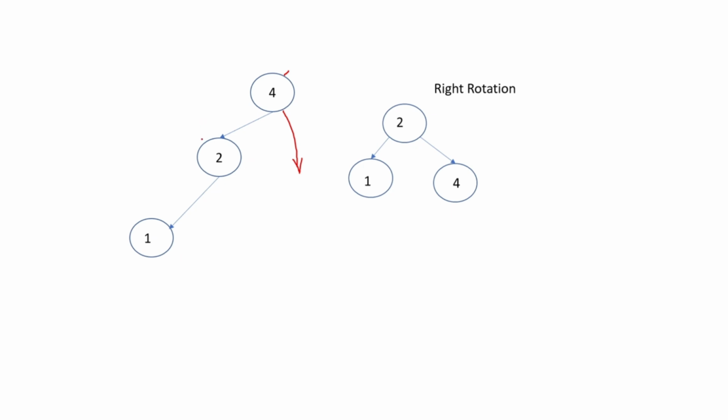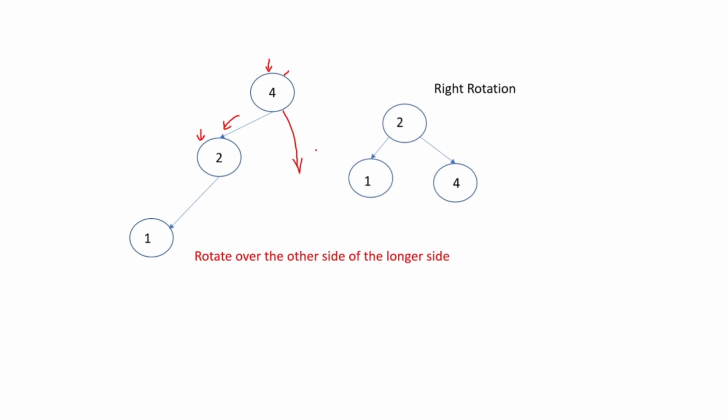Only change will be done in this node and in this node. So the root and the immediate right child in case of a left rotation, and the left child in case of a right rotation.